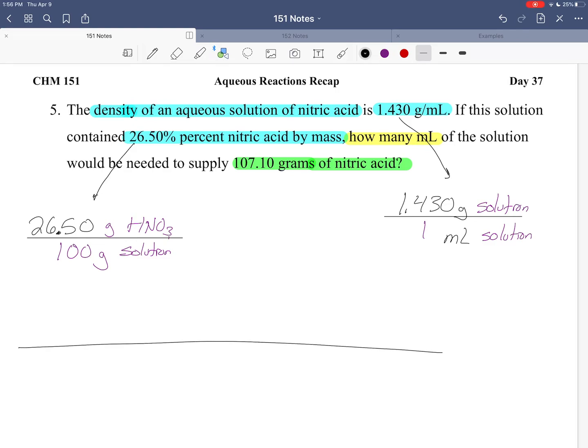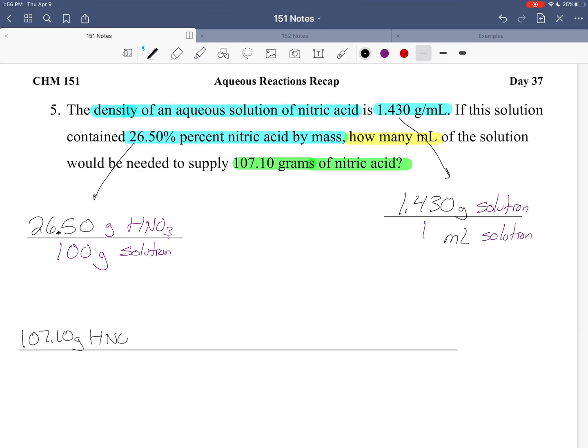So if we get ready to convert, because all we're going to do is convert here, I start with my amount of 107.10 grams of HNO3. Well, what has to go on the bottom? It has to be grams of nitric acid. That's my unit, and grams of solution will go on top. So 26.50 grams of HNO3 on the bottom, 100 grams of solution on top.